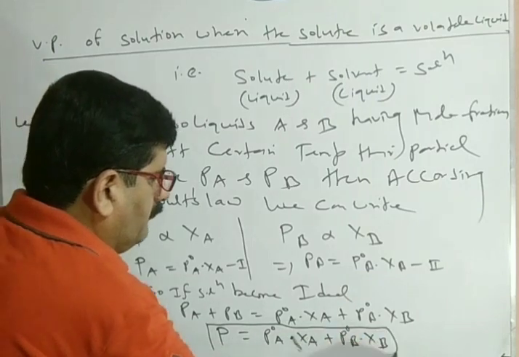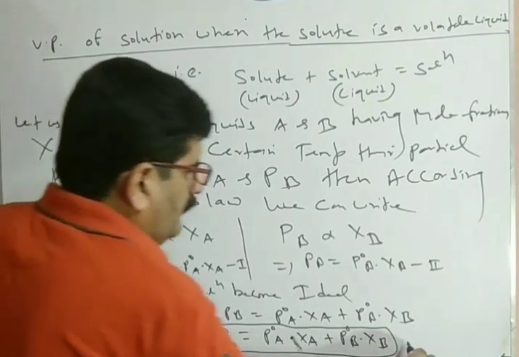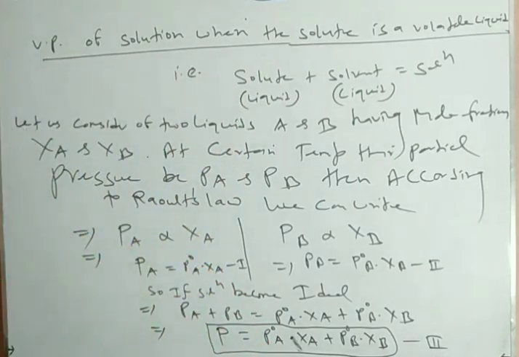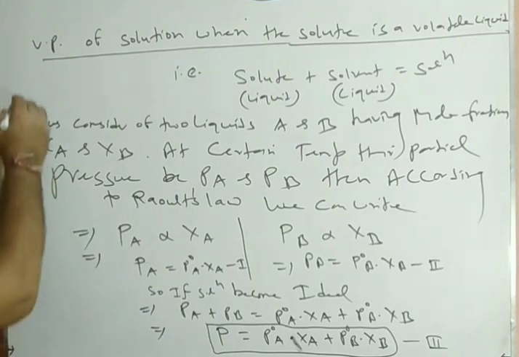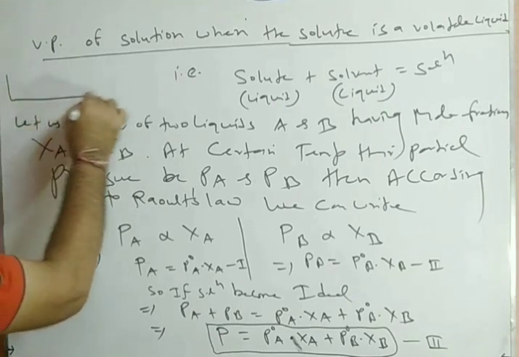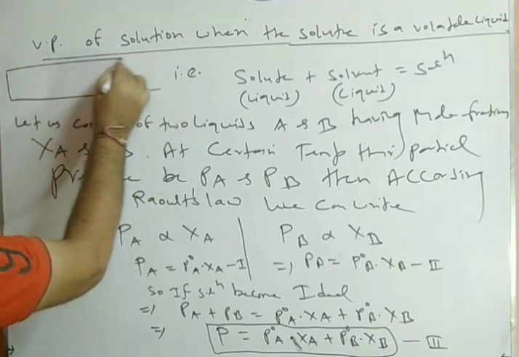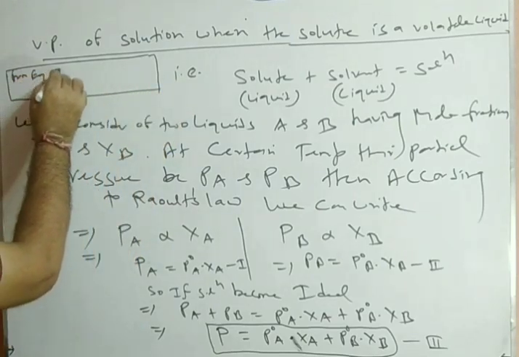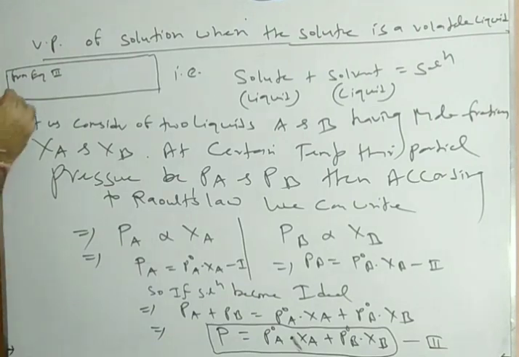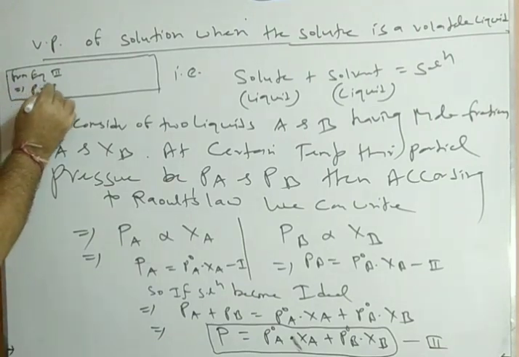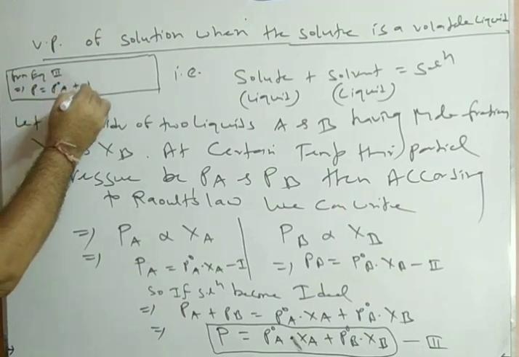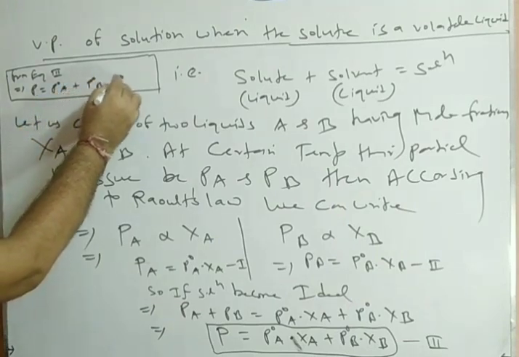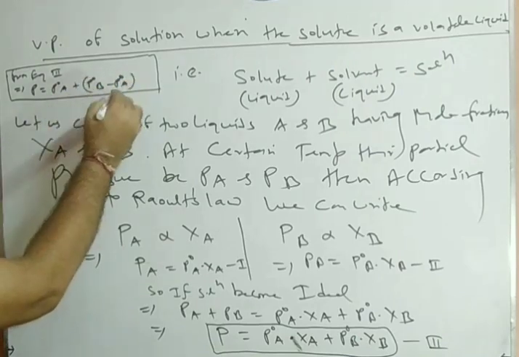This is our main equation, equation third, when our solution becomes what? Ideal in nature. From equation third, we can write directly P is equal to P naught A plus P naught B minus P naught A into XB.